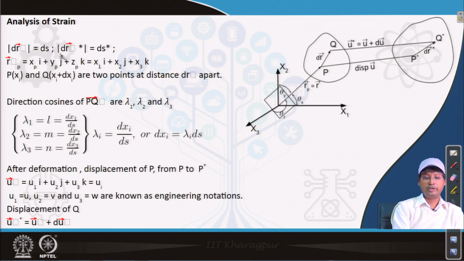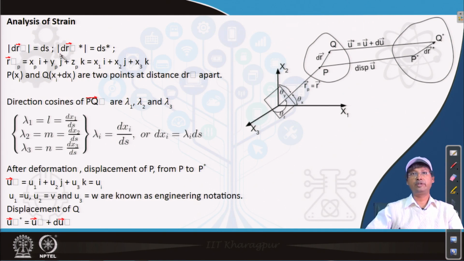Similarly, we are considering that after deformation, deformation means it is under stress from external system, and because of the stress that r vector has come here, and that p has changed position to p star, and the q has changed position to q star.